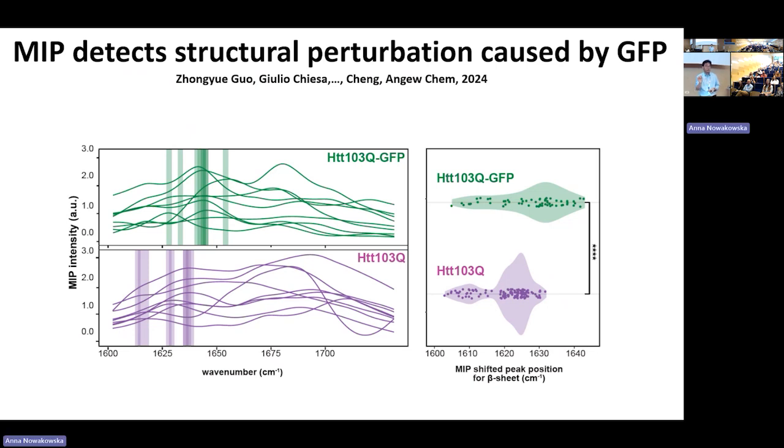Because even without GFP, you can identify that beta sheet core label-free using a scattering-based approach. And to our surprise, the spectra are quite different statistically. Without GFP, it shows a very beautiful release of the beta sheet peak. And with GFP, actually we see a huge component of alpha helix at 1650 wavenumber.